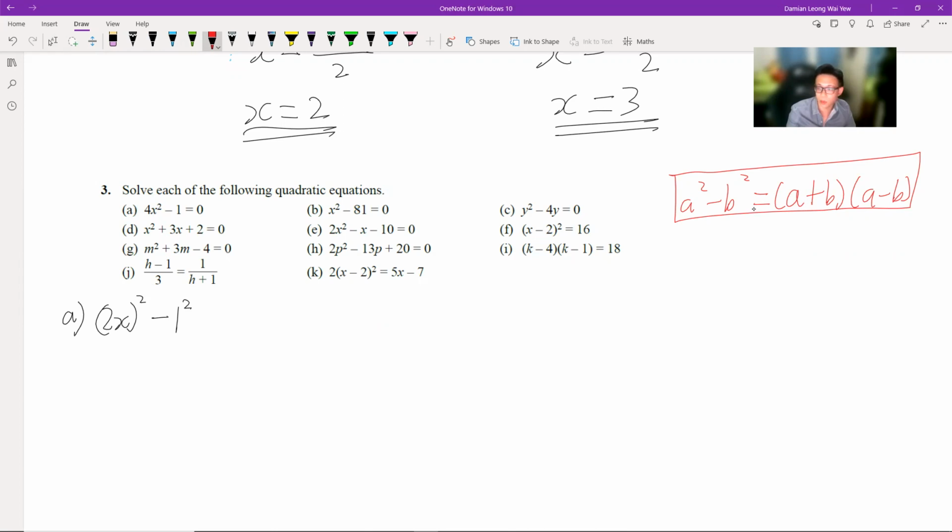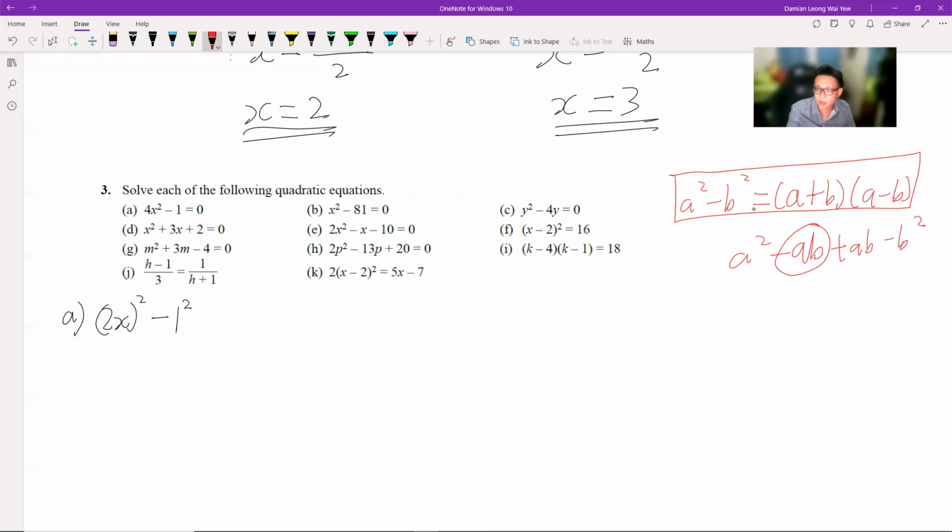Always remember this relation. If I have (a plus b)(a minus b), it will be a squared minus b squared. I can go from this to this, or from the 2 brackets, expand into this. Because if I multiply a times a, that's a squared, a times negative b gives minus ab, and b times a gives plus ab, plus b times negative b is minus b squared.